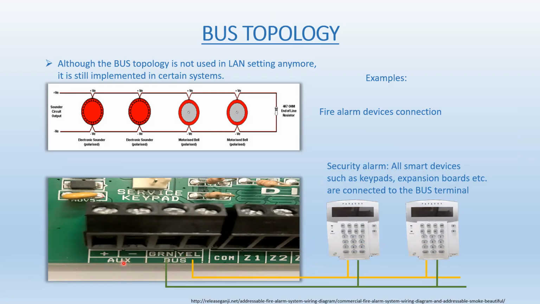So aside from the power connection, there is a signal connected in a bus configuration. You see, this keypad here connects to the main bus, and it's connected to the main board.